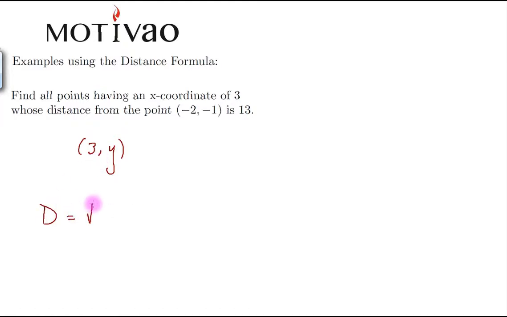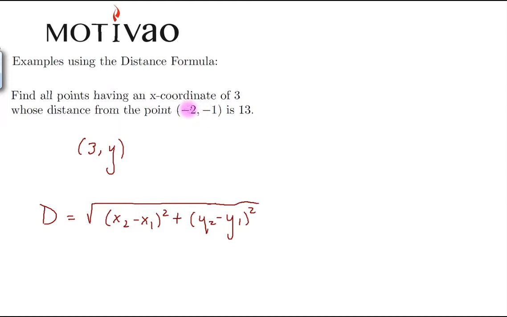So what's the distance formula? Again, the distance formula equals the square root of (x2 minus x1) squared plus (y2 minus y1) squared. Now notice something very important. Here, the x2 and the x1, you can choose whichever points you want them to be. But what's important is the order. If you choose x2 as 3 and x1 as -2, then you must choose y2 as y and y1 as -1, and vice versa.